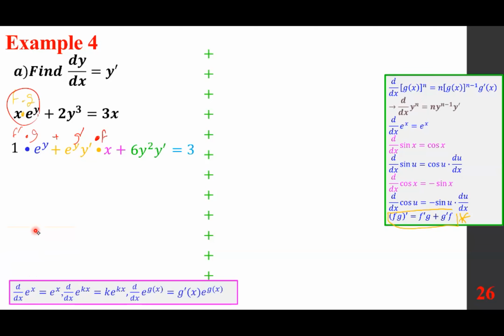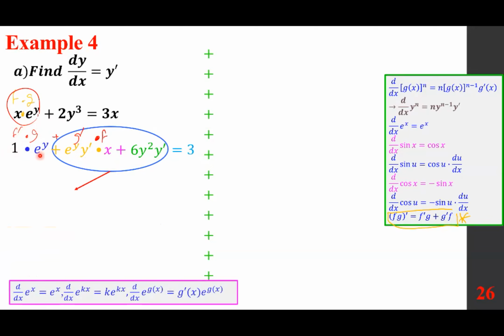So what do we do? We keep everything involving y prime on the same side. That means these 2 pieces, and we factor out the y prime. When you factor out the y prime here, it gives you e to the power of y times x, or x times e to the power of y. This one gives you 6y squared, and the right side is 3. This moves to the right.